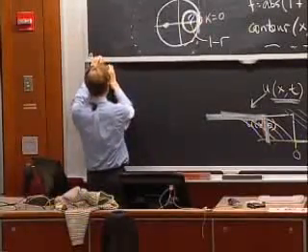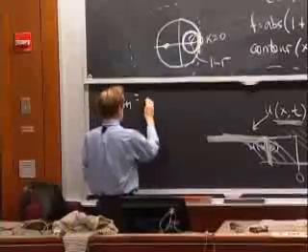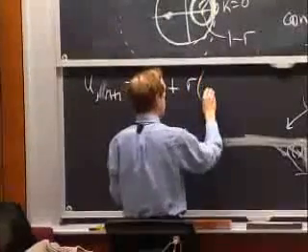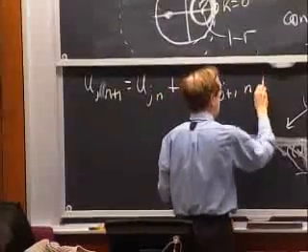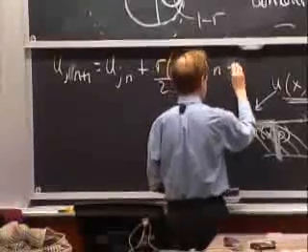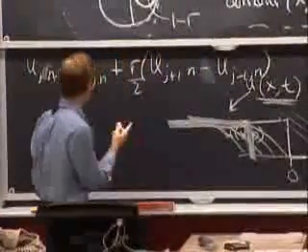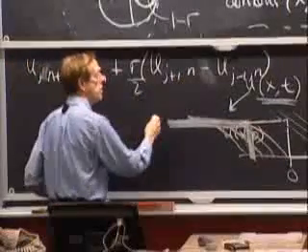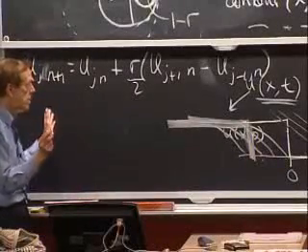The method is u_j^(n+1) is u_j^n from the time difference plus r times u_(j+1)^n over 2, oh, it's minus u_(j-1)^n. This is going to be the bad method. It looks good because a center difference is more accurate than a one-sided difference. But it's also unstable here.